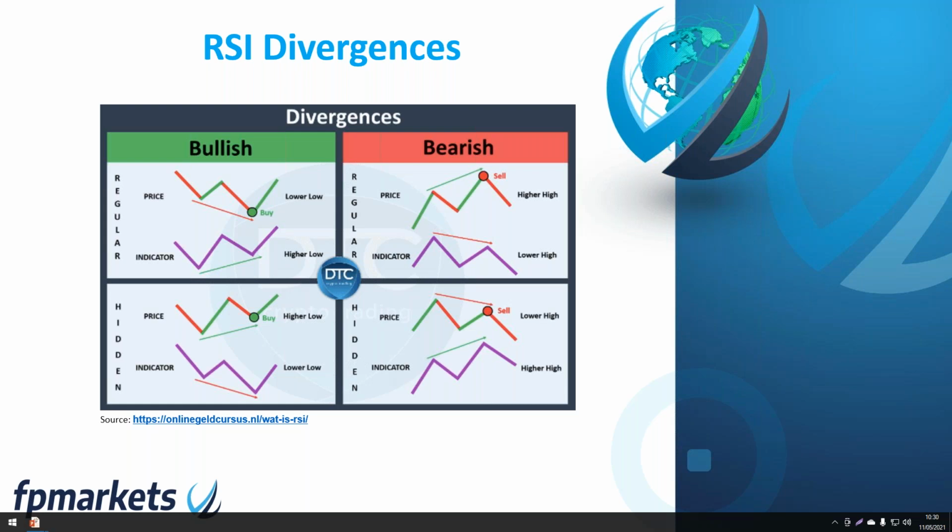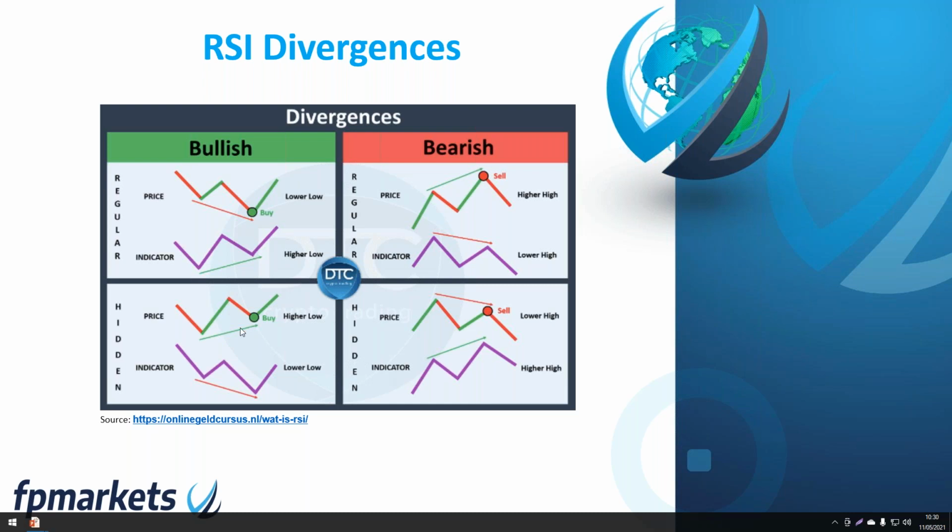Hidden divergence essentially occurs when the price trend holds up. So as we can see on the diagram here, hidden divergence occurs when the trend holds up despite momentum going against it, shown by way of the RSI.